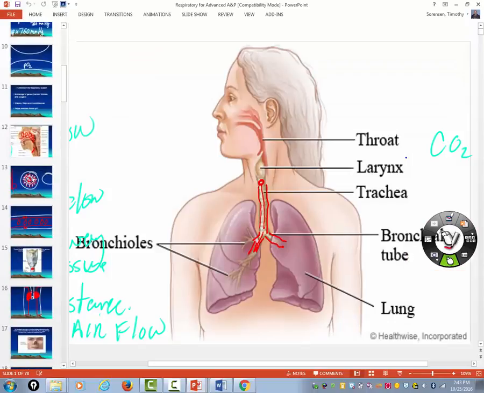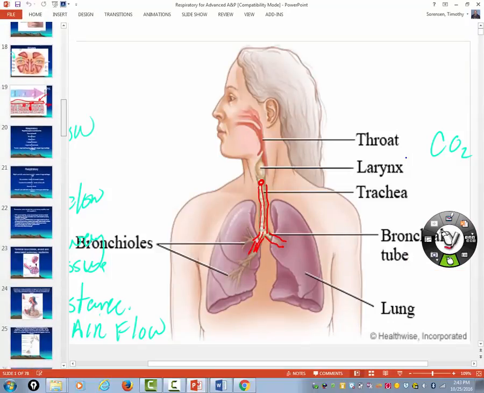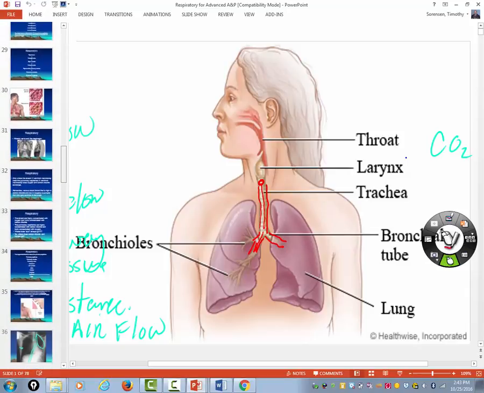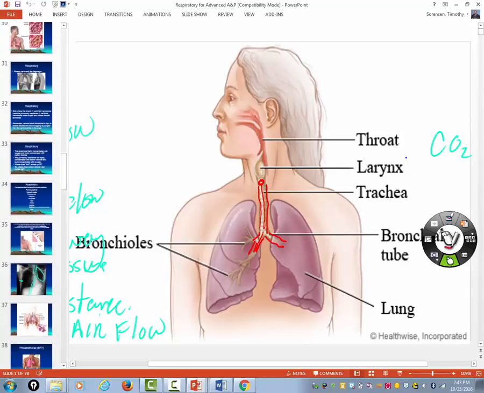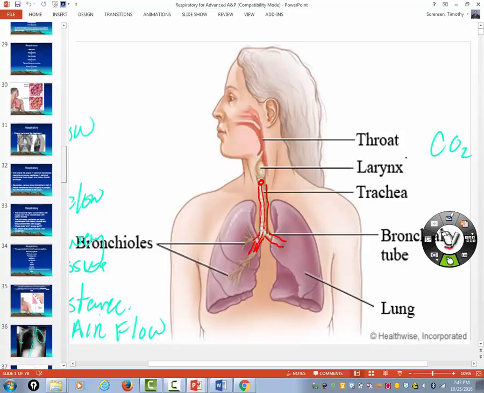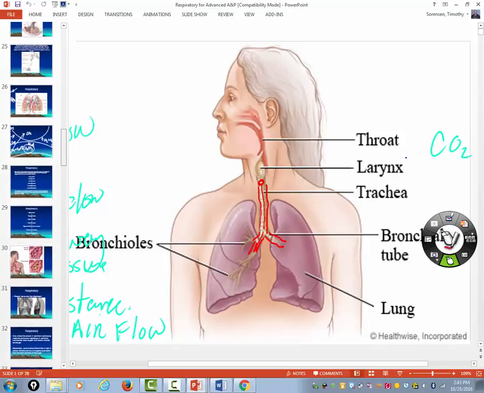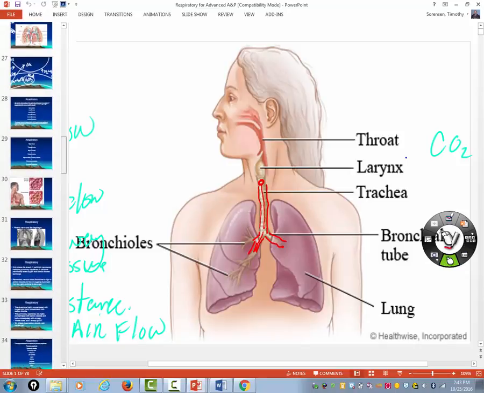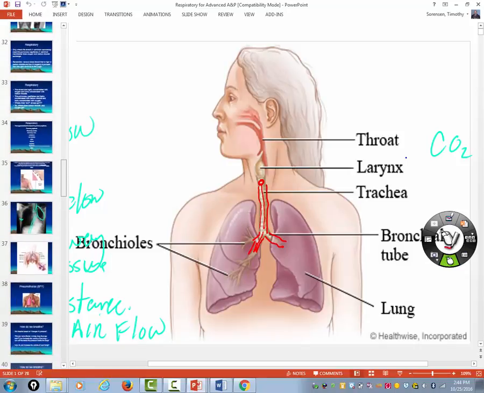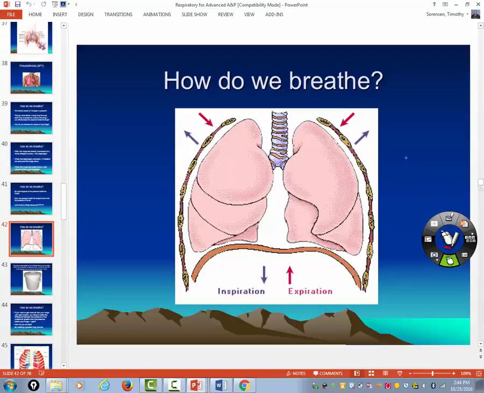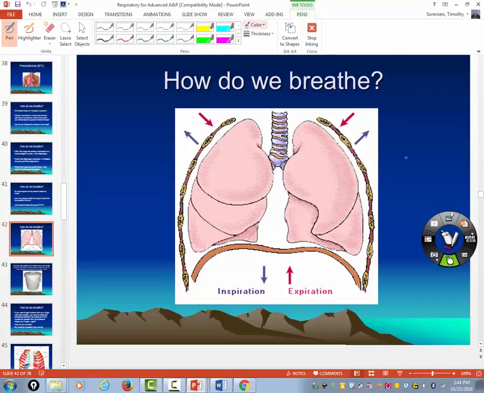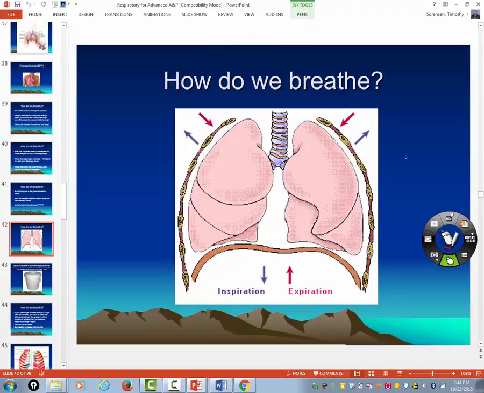If any of you have a desire to work in the emergency room or critical care, you need to understand this a little better. Outside of your nose and your mouth, the respiratory system is a closed system.